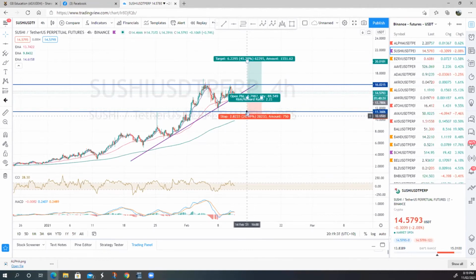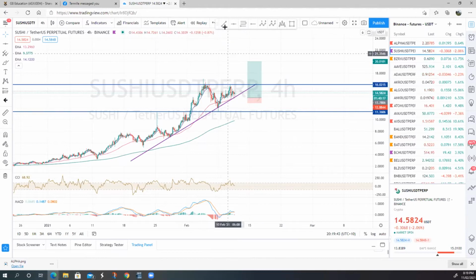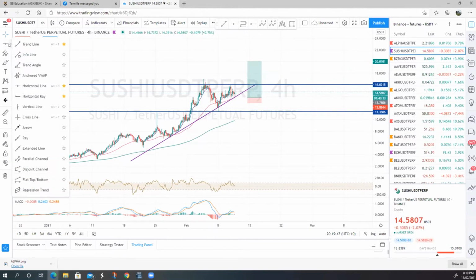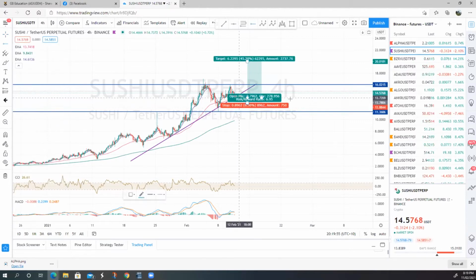I could probably bring it up. There's a level of horizontal ray.